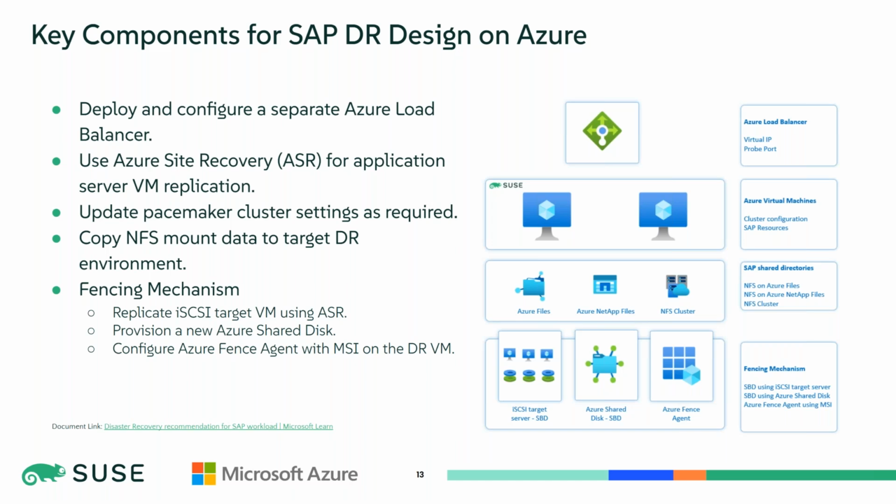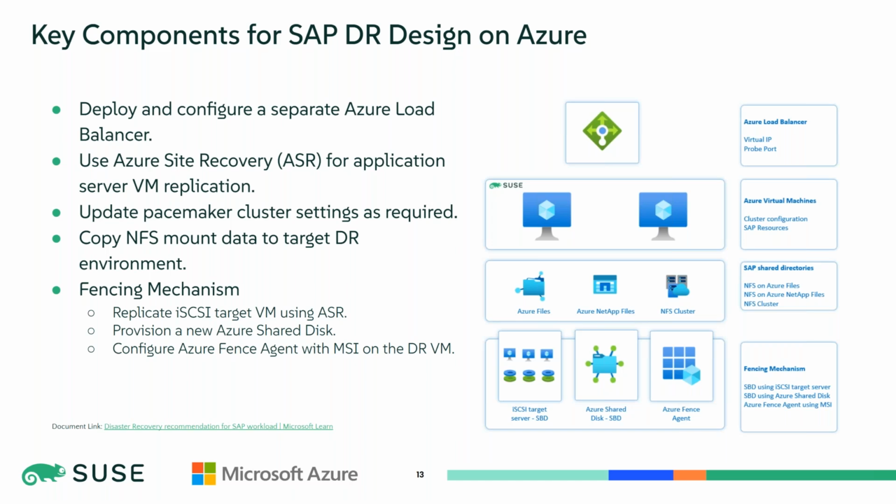When a high availability setup is configured with Azure Load Balancer, you need to make sure that on the DR side you have configured a new Azure load balancer, because you cannot replicate the Azure load balancer. And for the VM side, when you talk about the database layer, we advise customers to use native database replication technology, where you use HANA system replication to replicate your data onto different regions.